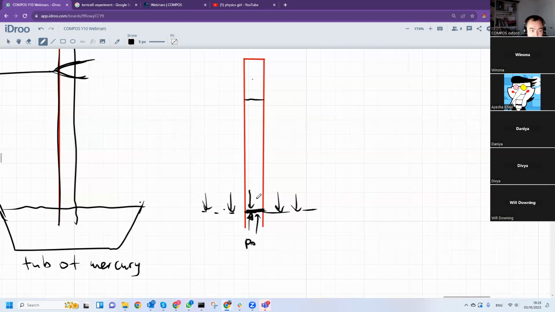So on the top is the pressure of mercury, and pressure of mercury is equal to rho g h. So the atmospheric pressure is equal to rho g h, and rho is constant, g is constant. So h, the height of mercury, is P0 divided by rho g.